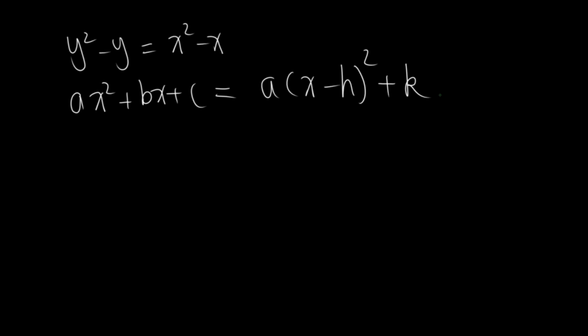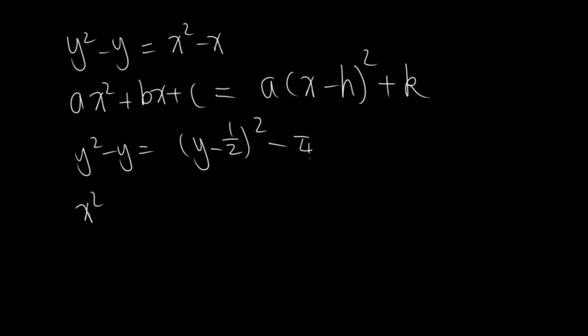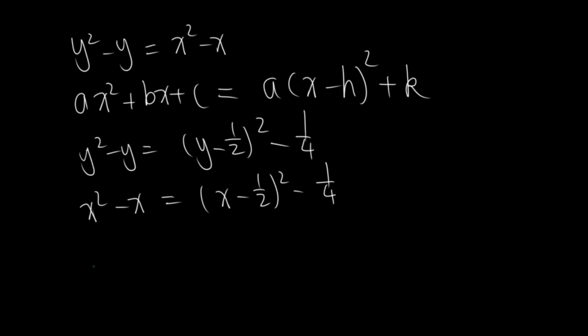So we can do the same to both sides of the equation. We can write y squared minus y as the square of y minus a half, oh sorry, I forgot to minus a quarter. And for x squared minus x, it's equal to the square of x minus a half minus a quarter.